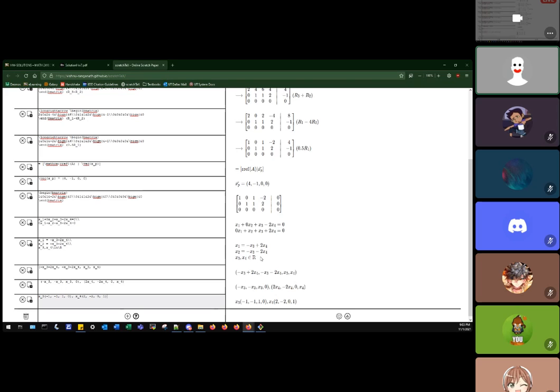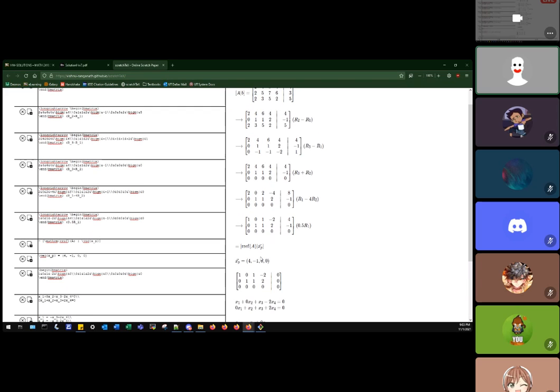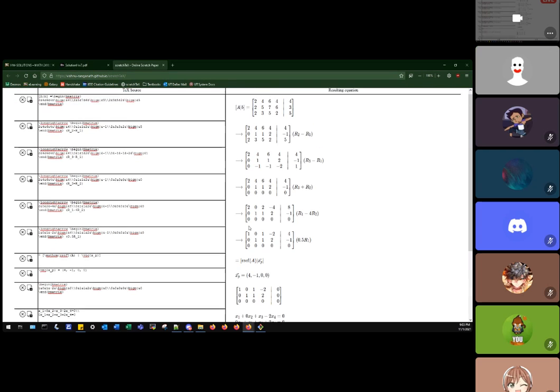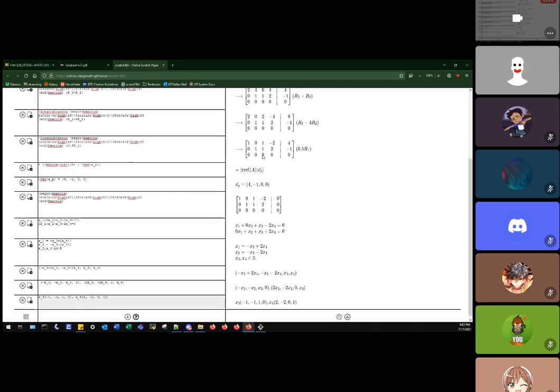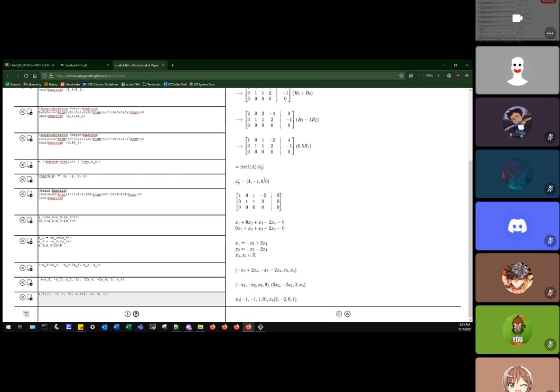To find the complete solution to the system of equations, it's just your particular solution plus all linear combinations of these two vectors.